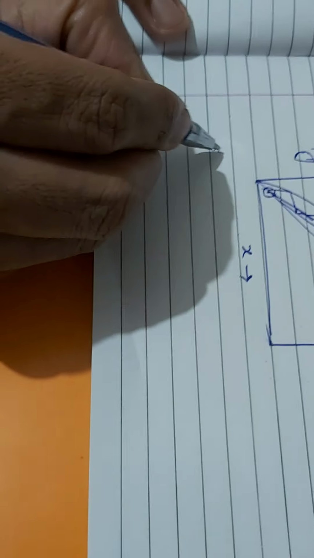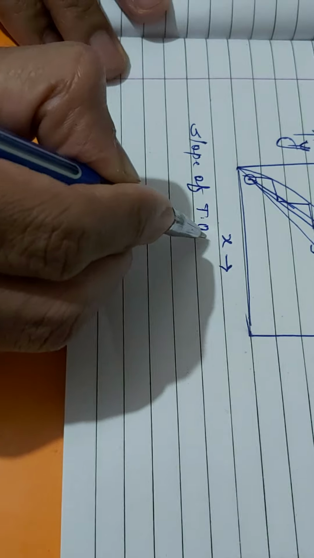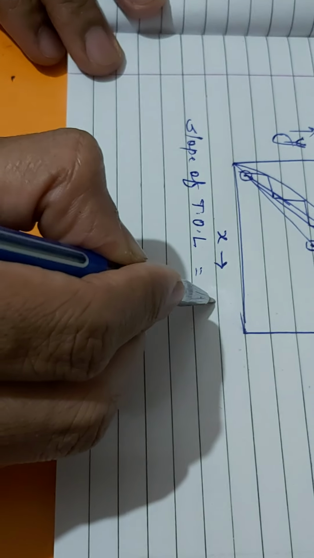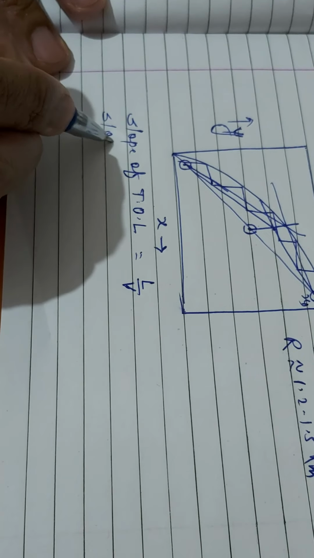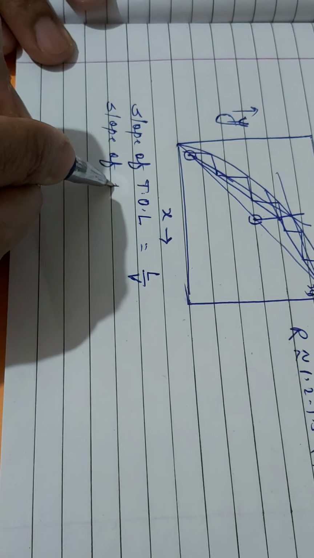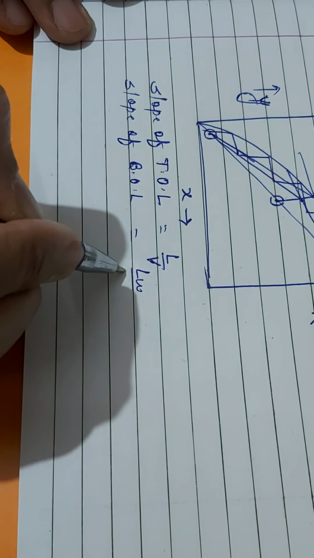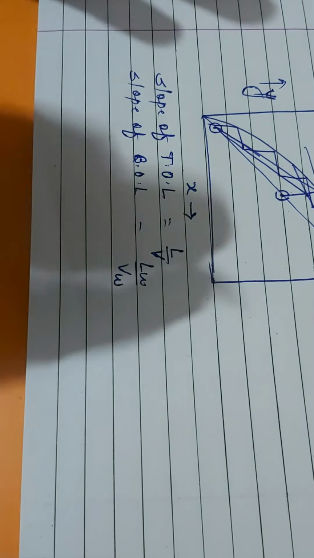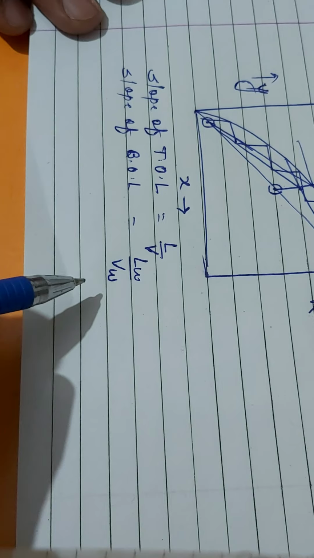Now the slope of the top operating line is L by V, which is the liquid and vapor flow in the top section. Now the slope of the bottom operating line is LW by VW, the liquid and vapor flow at the bottom section. So you know the slope.